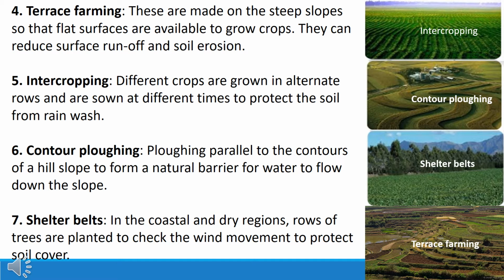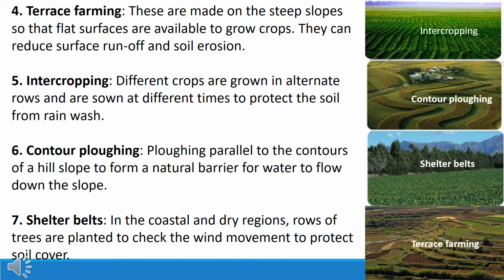So thus we come to the end of this module where we studied about the soil, its formation, factors which lead to soil formation, and what threats we have to the soil and how it can be conserved.